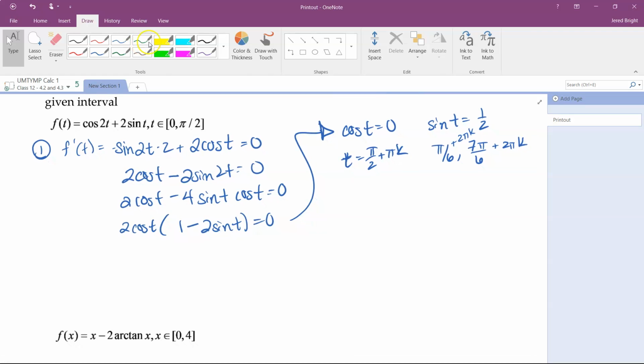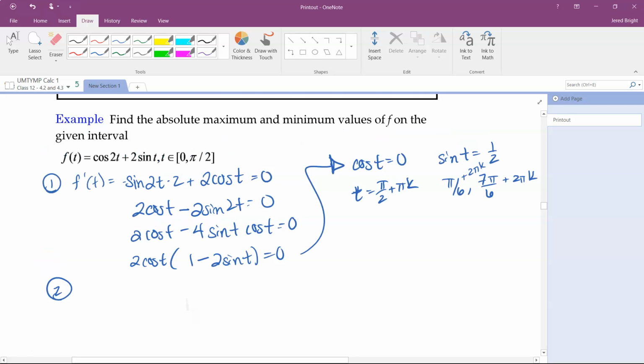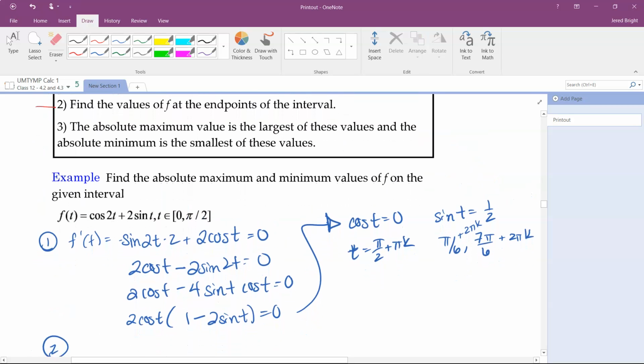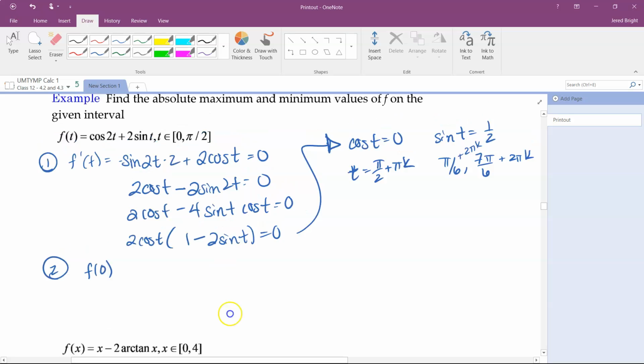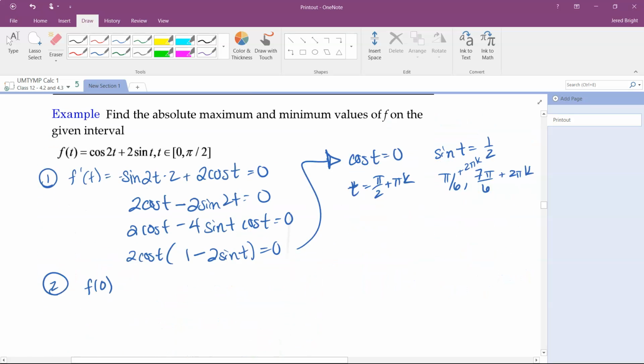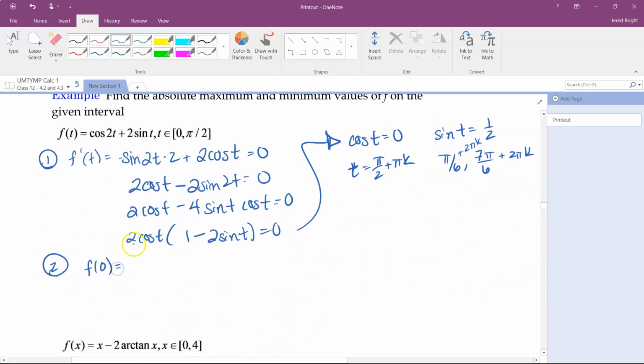But now I want to evaluate according to the closed interval method. I need to evaluate the values of f at the endpoints. So I'm going to look at f of 0. If t is 0, what do I get out? I get 1. And f of pi over 2, if I evaluate this, I get 1.